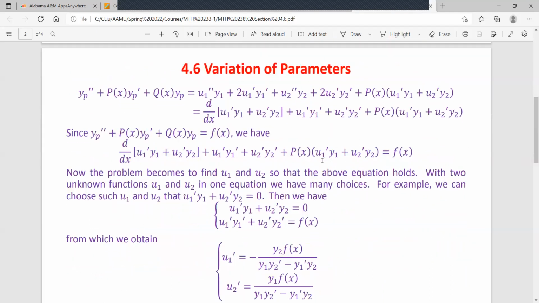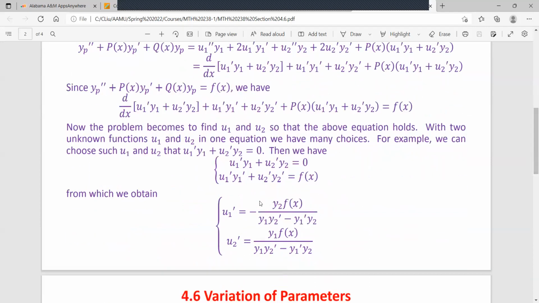We just have some gauge or whatever condition, and then that will put another equation on u1, u2, or u1 prime, u2 prime, and then we just solve for u1 prime, u2 prime easily from this system of equations, and then you just integrate u1 prime, u2 prime to get u1, u2.